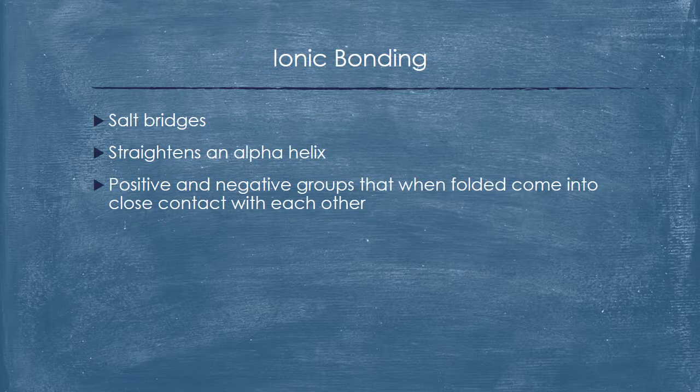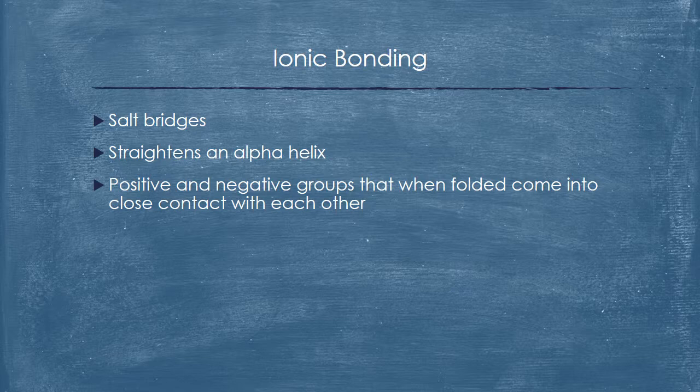The next structure that affects tertiary structure is called ionic bonds. And what happens is the neutralization of an acid and an amine creates these salt bridges, and these salt bridges have the effect of straightening an alpha helix. And what happens is ionic because you have positive and negative groups that when folded come into close contact with each other.